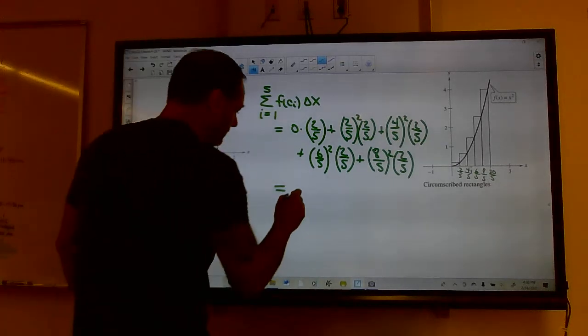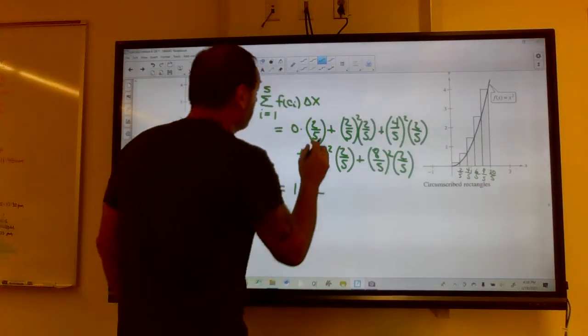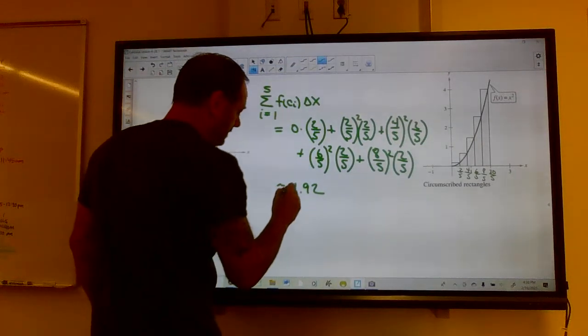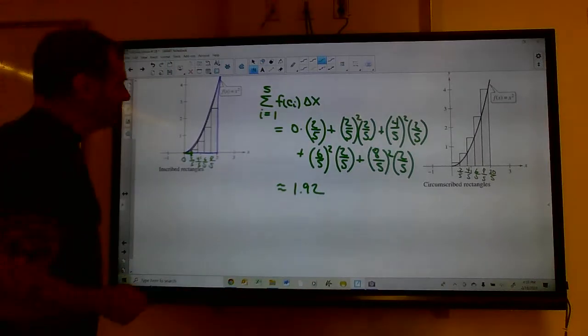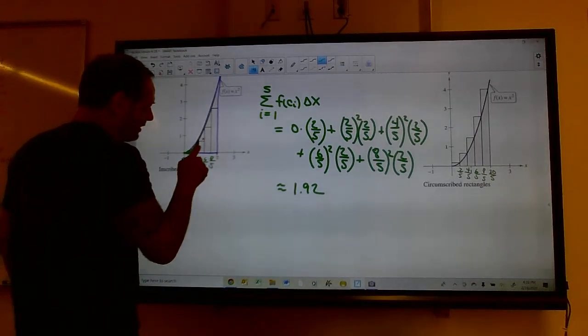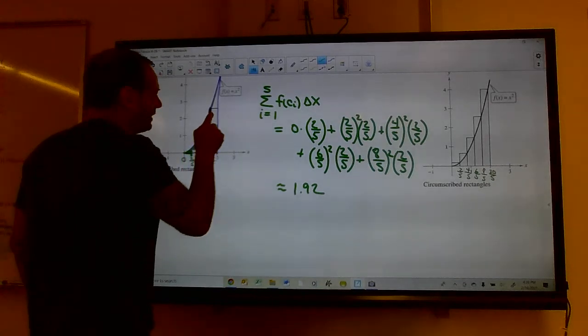Boom, 1.92, approximately. I should have an approximate sign here. Now this is smaller than the actual area because I'm missing all this spot here.